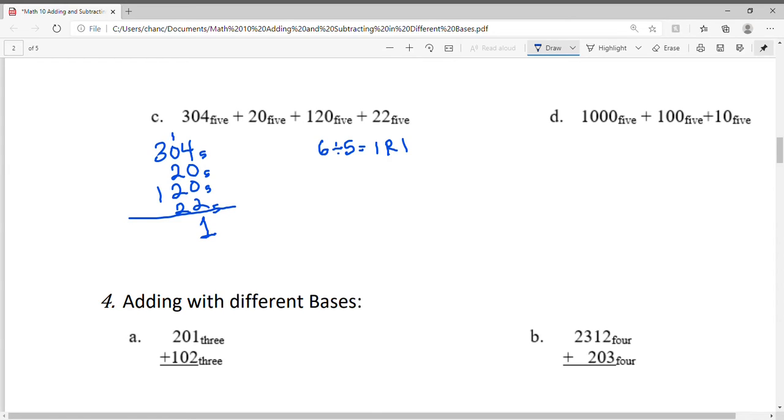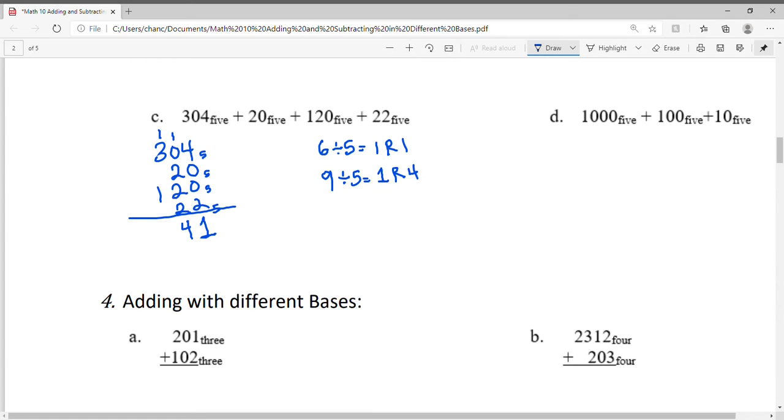Now we'll add this column, 1 plus 0 plus 2 plus 2 plus 2. That gives me 9. But 9 doesn't exist base 5, so we'll divide that by 5. And that gives me 1 remainder 4. What that tells me is I have to carry 1, which represents 5 over, with a remainder 4.